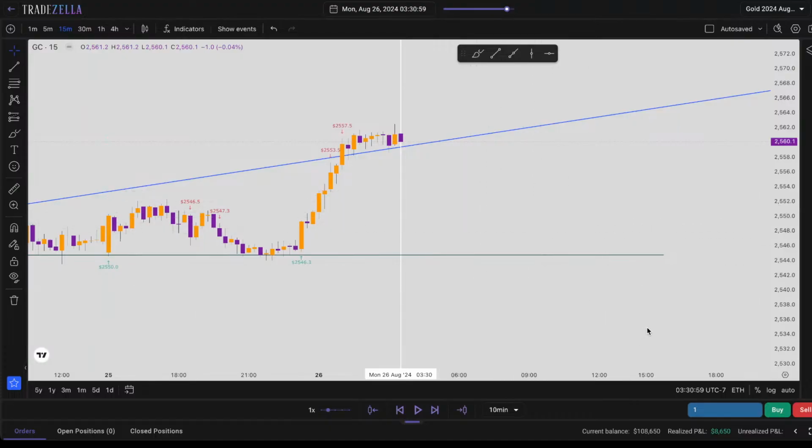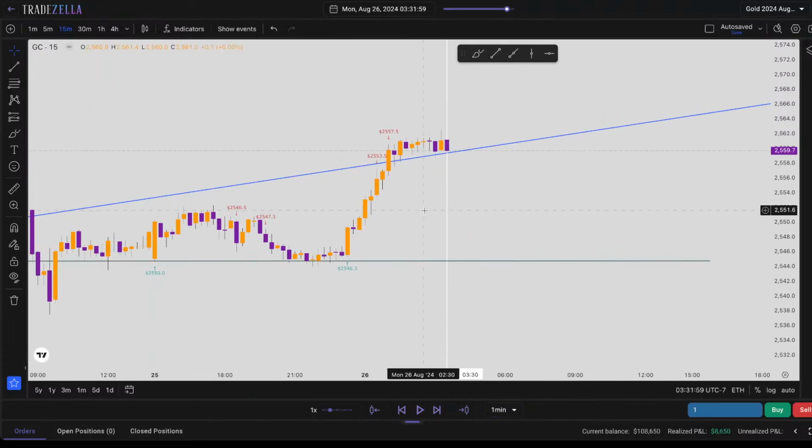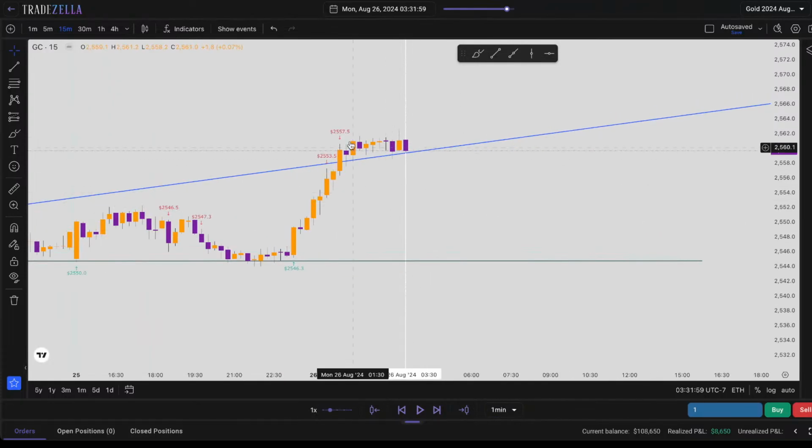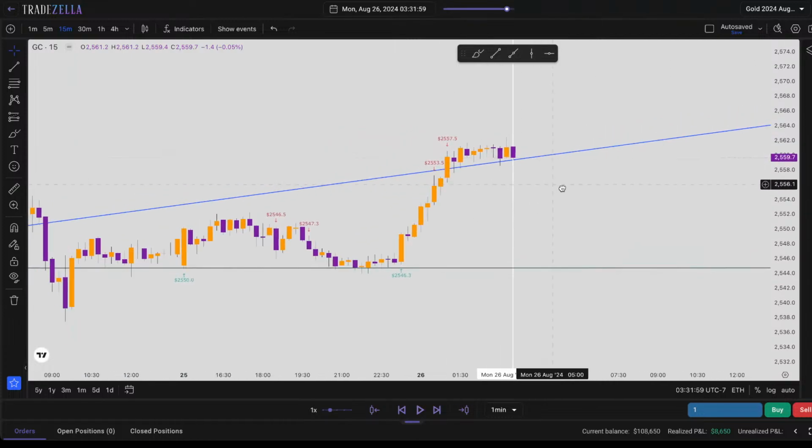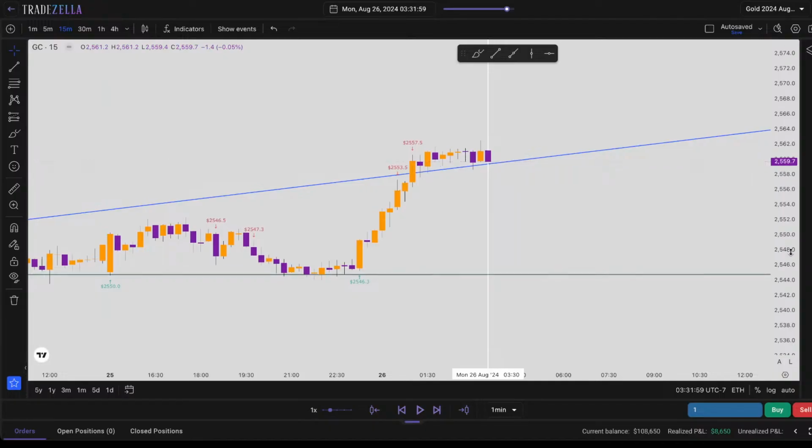Okay, where are we at? Go one more minute. So we got out at 25.57.5. We were supposed to get out at 25.59.7. So we missed out on about $30.